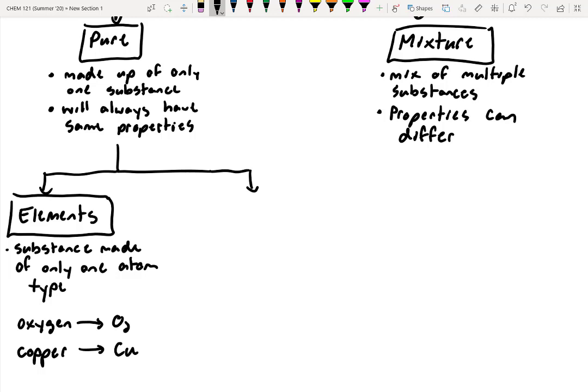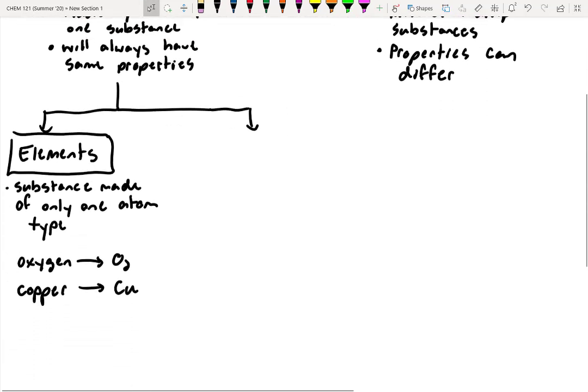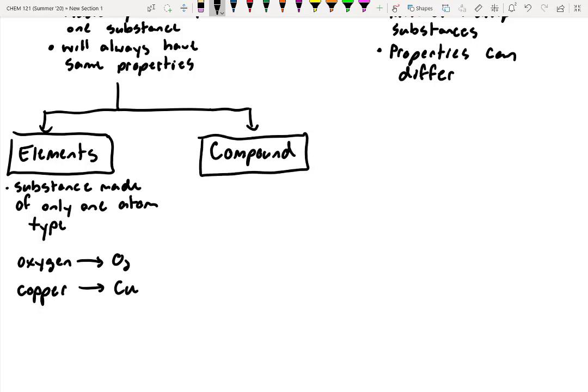All right, this is different from something called compounds, which I briefly mentioned before. And you can probably tell a compound is going to be made up of different types of atoms.